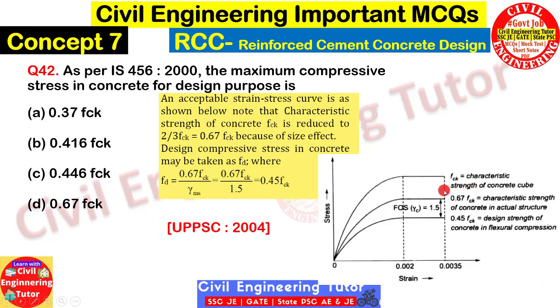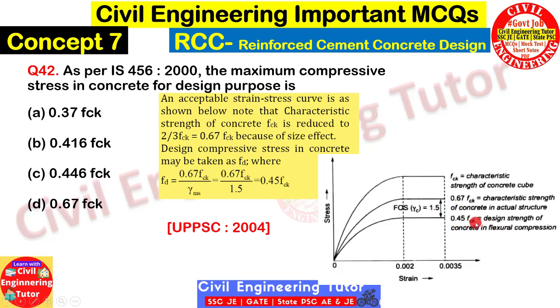So we are taking 1.5 as a factor of safety. So FCK divided by 1.5 is equal to 0.67 FCK. This is the characteristic strength of concrete in an actual structure. Now while designing, we already know that a factor of safety of 1.5 is applied in the design process. So if the actual strength of the actual structure is 0.67 FCK, then we need to further divide it by that factor of safety of 1.5.